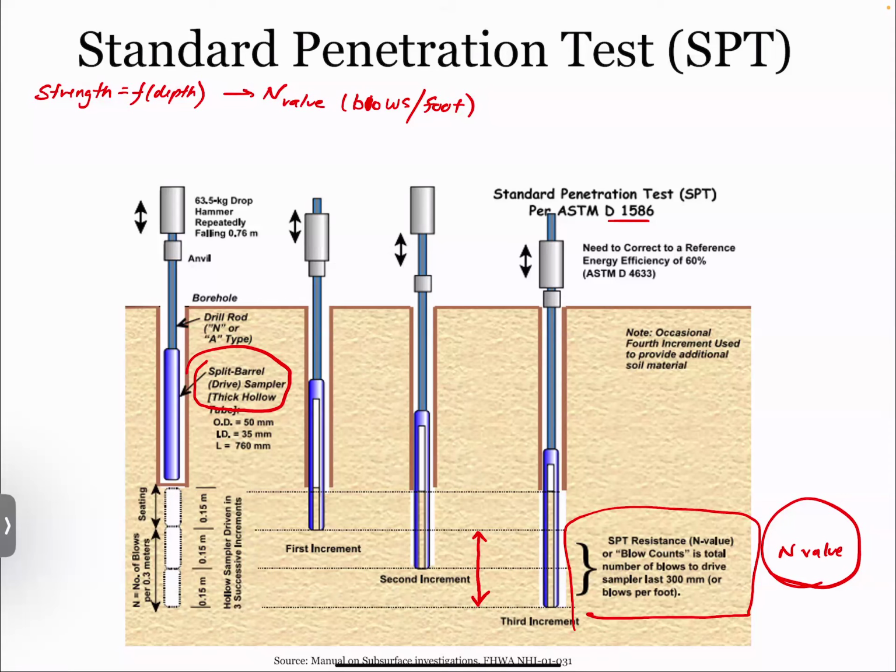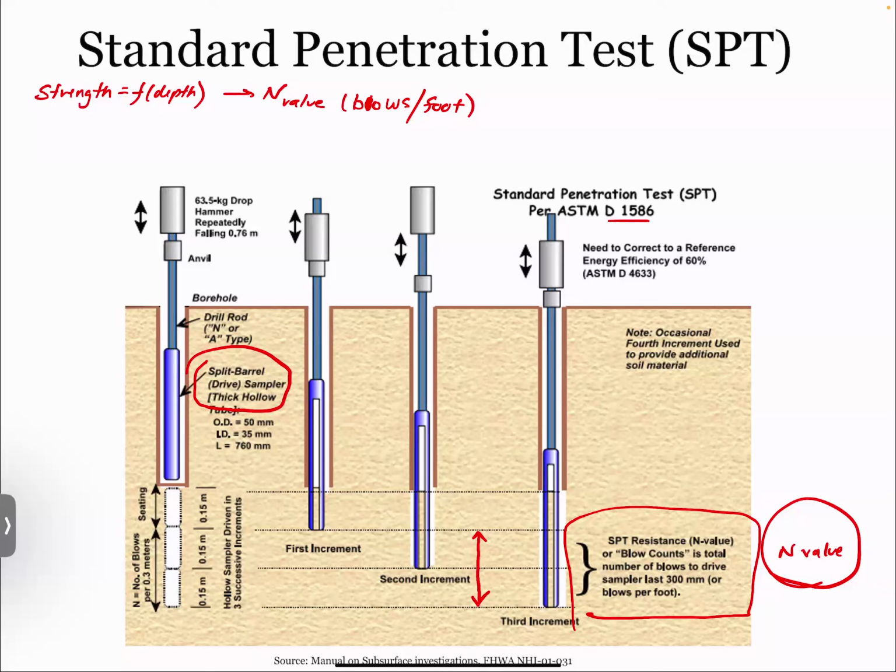Exactly. Yeah. The drill, think of the whole process. There was a drill rod that was going down, a drill bit, washing all the soil out. Like this first 6 inches, you know, there's going to be sediment that falls into the hole, a bunch of stuff. This first 6 inches might not actually be what the natural soil is.